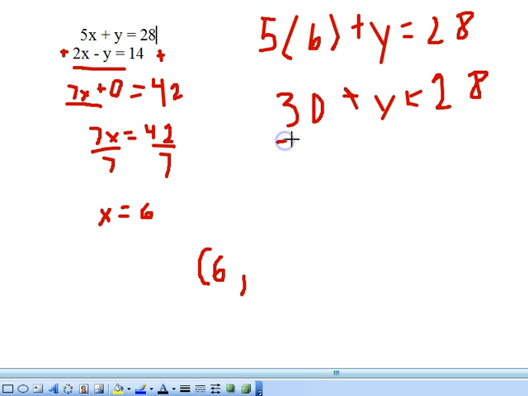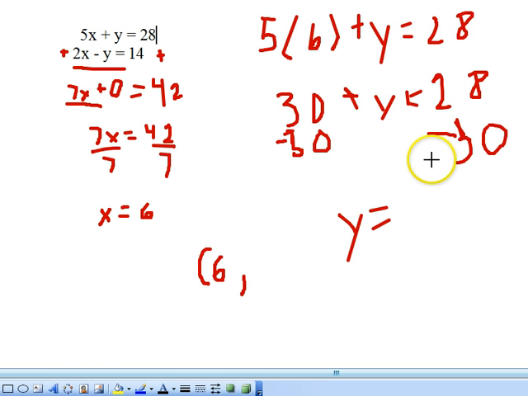Okay, and we need to subtract 30 from both sides. So we get y equals, and 28 minus 30 is negative 2.